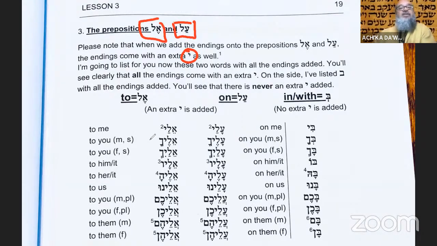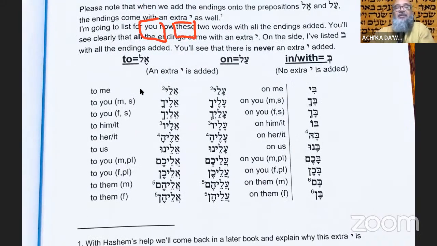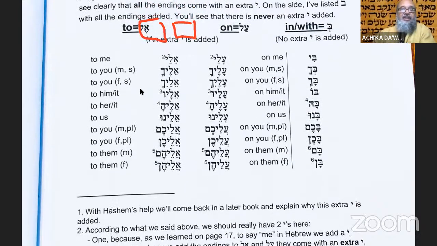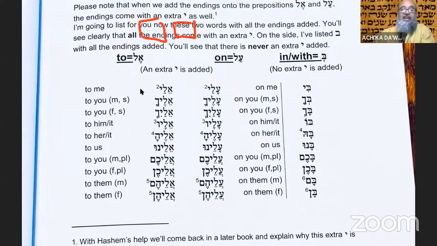All right. So if you notice in this list of words that we have in these prepositions, it seems a little overwhelming. You'll be like, man, look at all this stuff. How am I going to remember all this? All they want you to do is understand that when you have these two prepositions, these here, you have to use a yod.